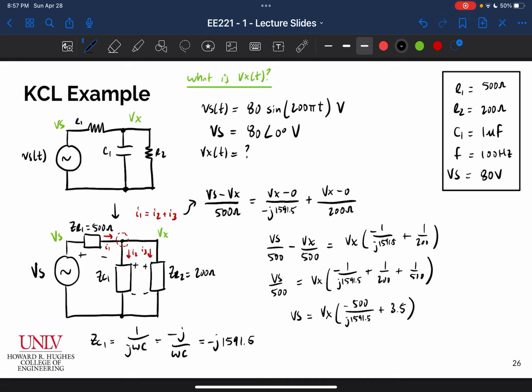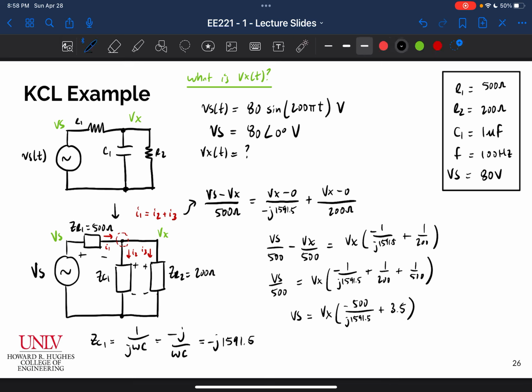All right. So I'm almost done with this problem. I basically just need to convert this now into a complex number, and then I can find the phasor value for this piece right here. And once I find that phasor, I can divide Vs by that phasor, and I'll get my phasor for Vx. We can convert to the time domain, and then we'll be done with this problem.